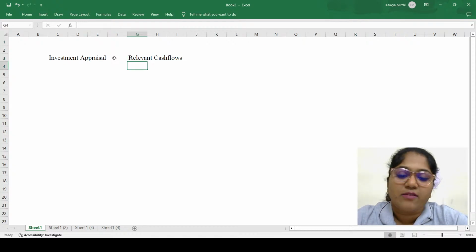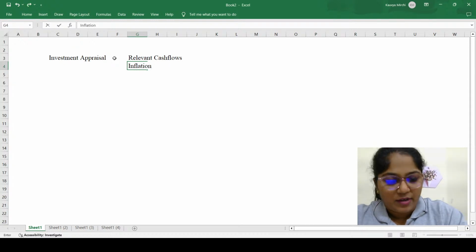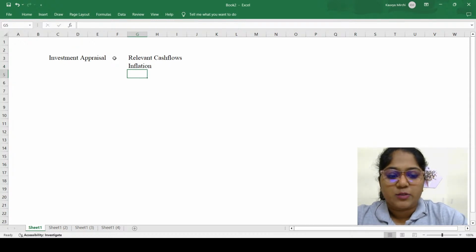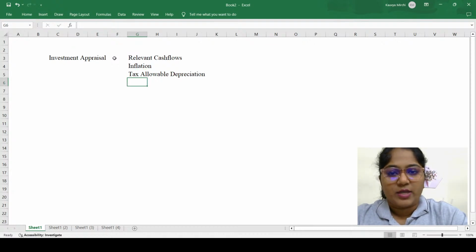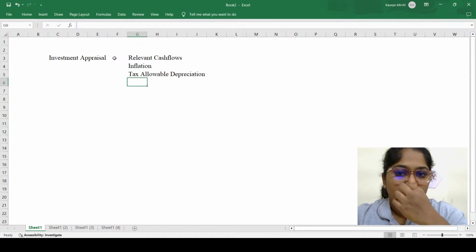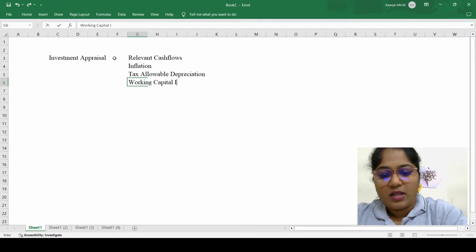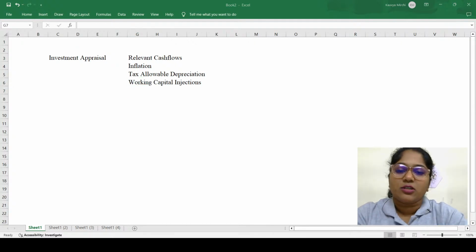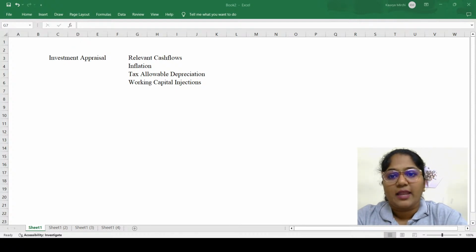In relevant cash flows, the adjustments we can most likely expect are inflation, tax allowable depreciation, and working capital injections. These are the major adjustments you can expect whenever you prepare an NPV calculation or an investment appraisal question.